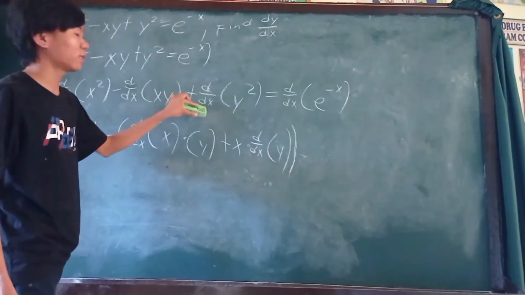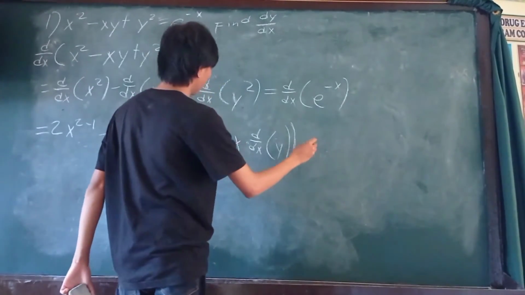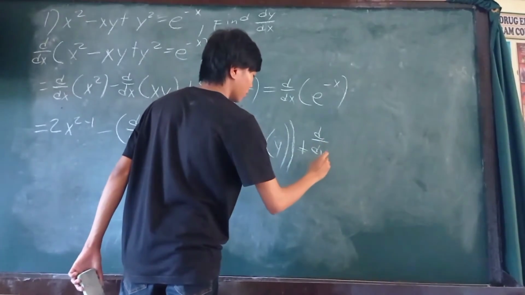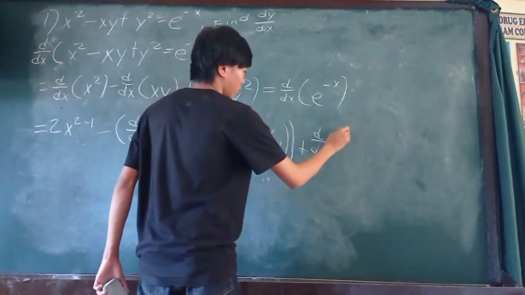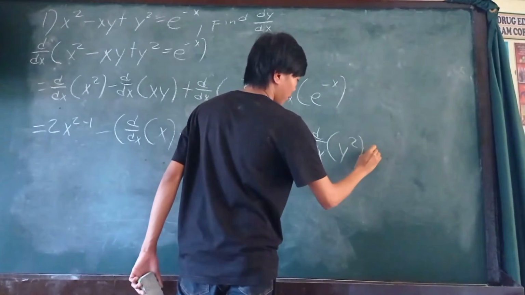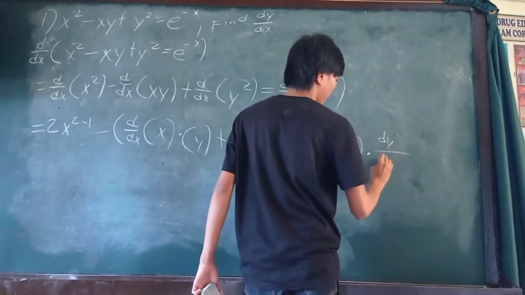To get the derivative of y squared, we use the chain rule. So plus d over dx of y squared times dy dx.